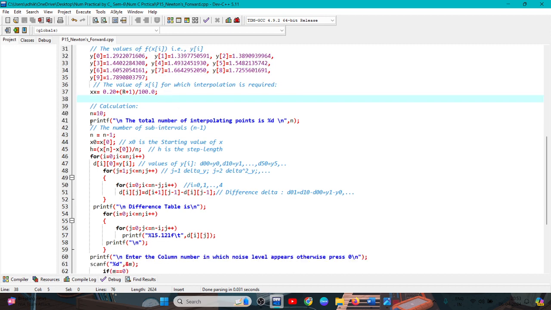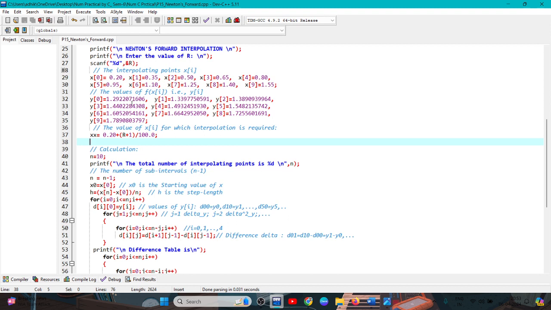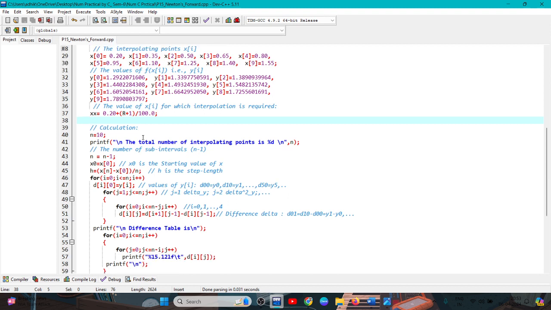Now the calculation: n equals 10 because there are 10 interpolating points here. The number of subintervals is n minus 1, so n equals n minus 1.